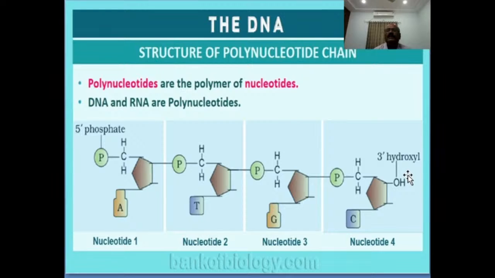This is treated as 3 prime. So in DNA and RNA, each strand's starting point is called 5 prime, and the ending point is called 3 prime. This is very important. So DNA and RNA are made up of nucleotides. That's why these are called polynucleotide chains.